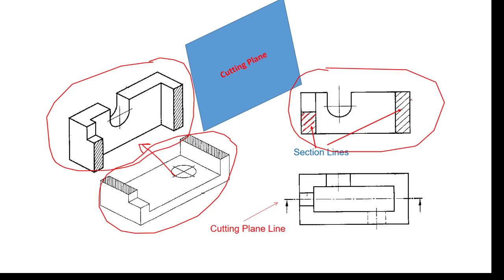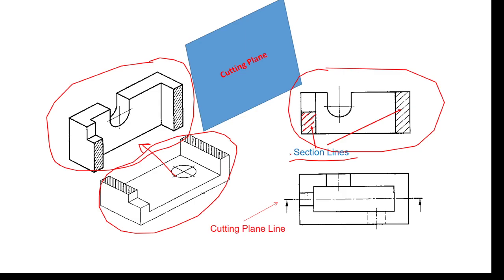The equally spaced inclined lines shown on the surface of the solid parts of the object which have been cut by the cutting plane are called section lines. These thin lines are called section lines. Since they are in the diagonal direction and hatching the surface of the solid feature, the lines are also called cross-hatching lines. That is the meaning.